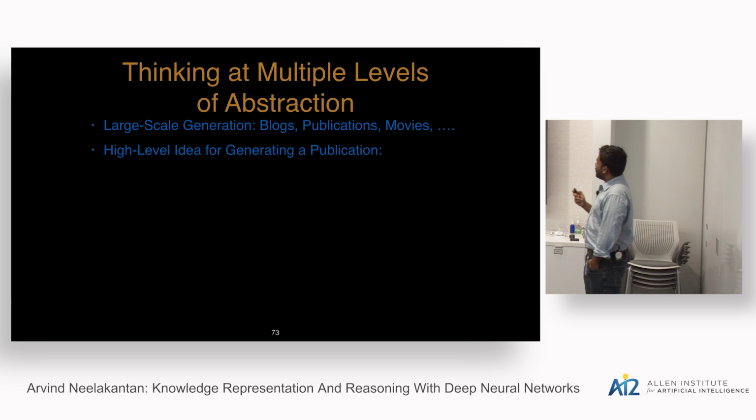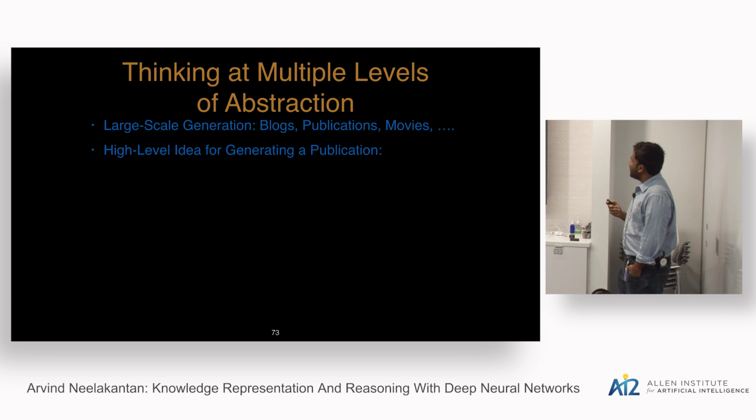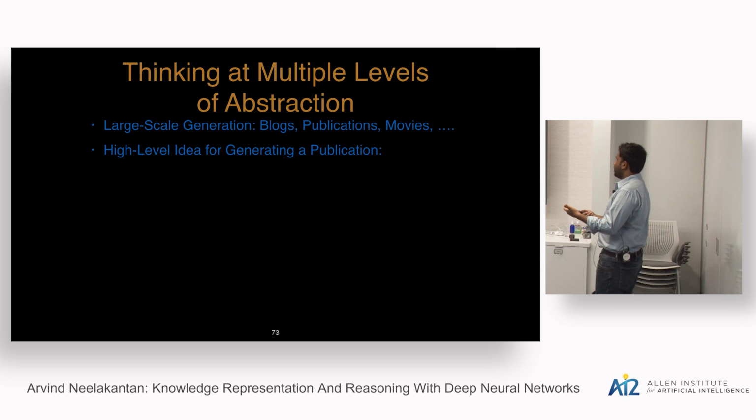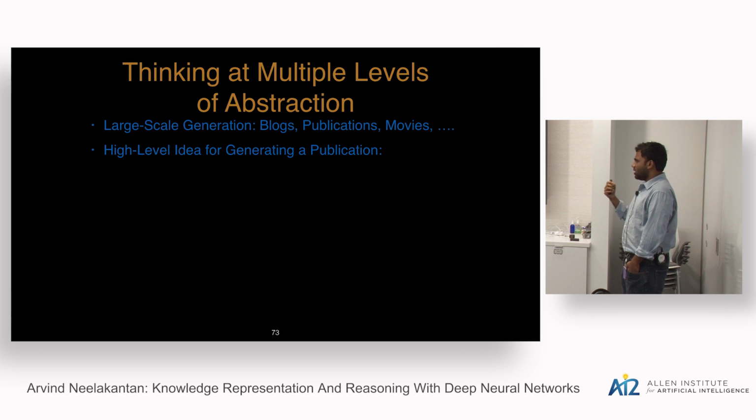And then the second direction I've been thinking about is large scale generation. Right now we have models that can generate single sentences or an image. Let's say you want to generate blogs or publications. For this, you need models that are thinking at multiple levels of abstraction.